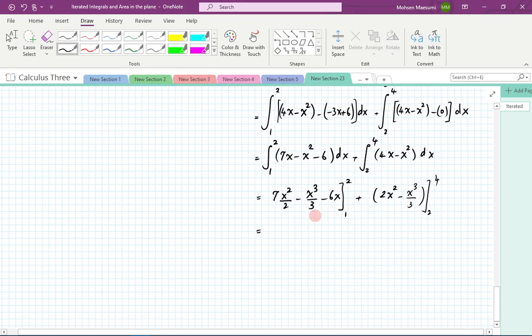So some arithmetic, those basic calculators with 3-line display can help you do this thing, or just do it by hand. So at 2, this becomes 4 over 2 is 2, becomes 14, minus 8/3 minus 6. At the 1, it's 7/2 minus 1/3. I made a mistake here.